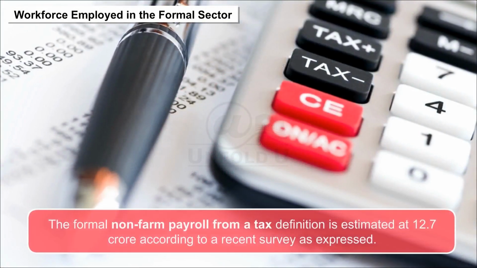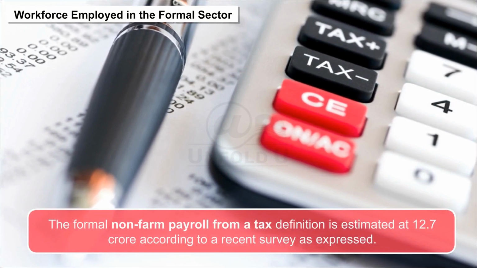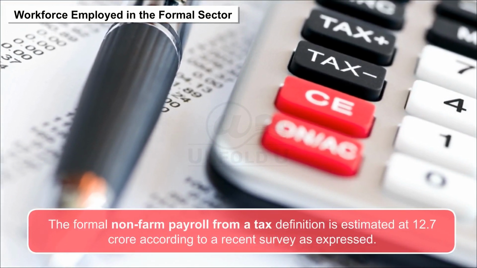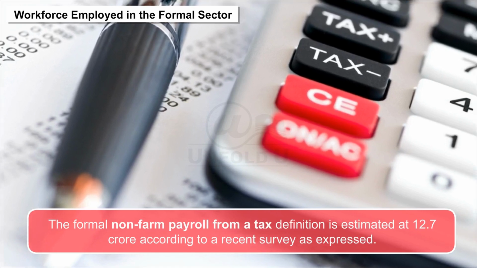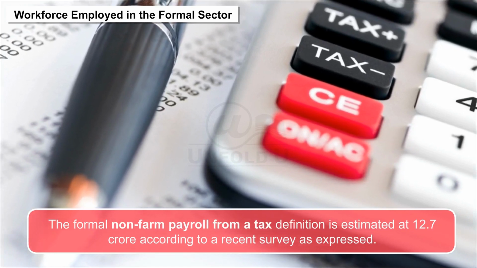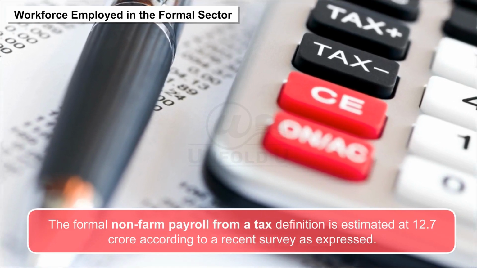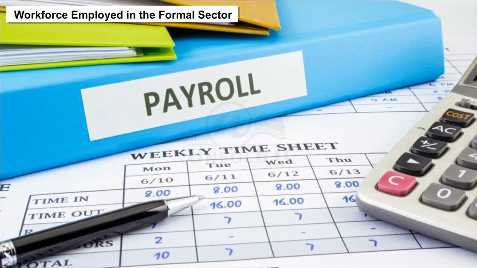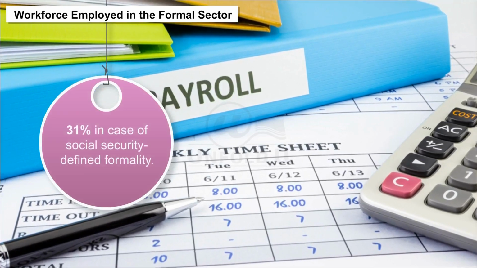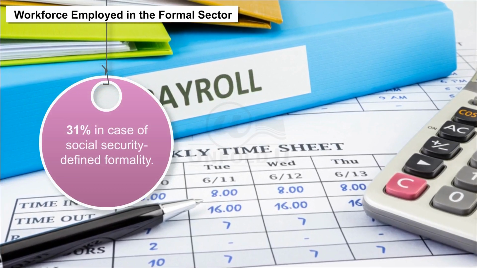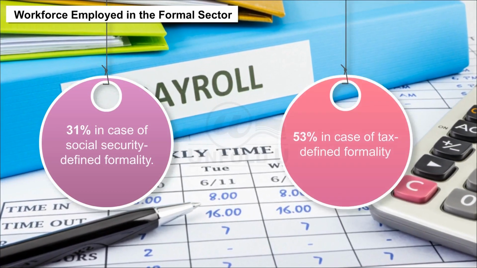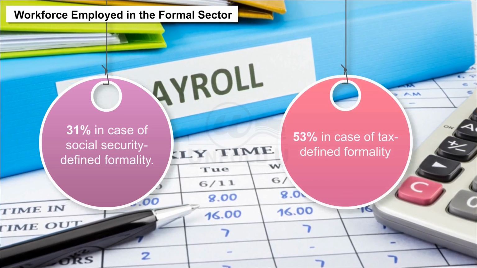The formal non-farm payroll from a tax definition is estimated at 12.7 crore, according to a recent survey. These estimates are for formal non-farm payroll, ranging from 31% in the case of social security defined formality and 53% in the case of tax defined formality.